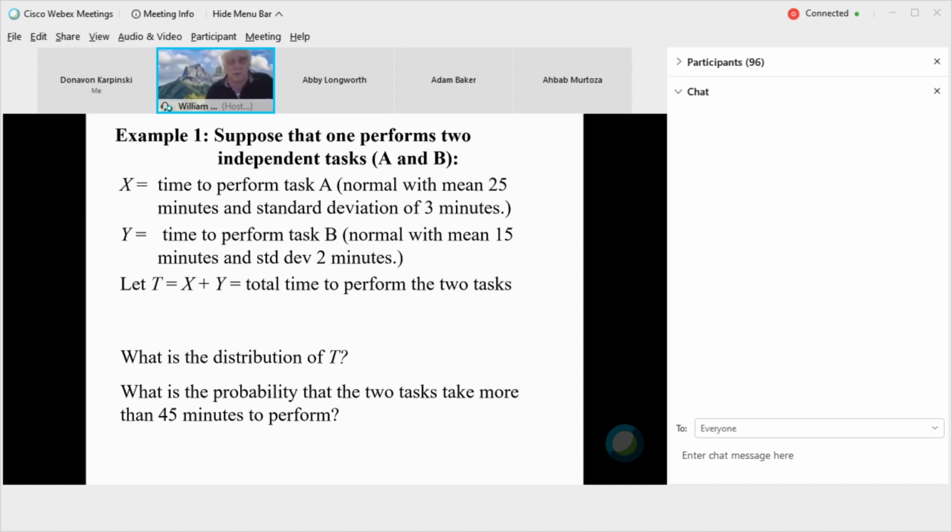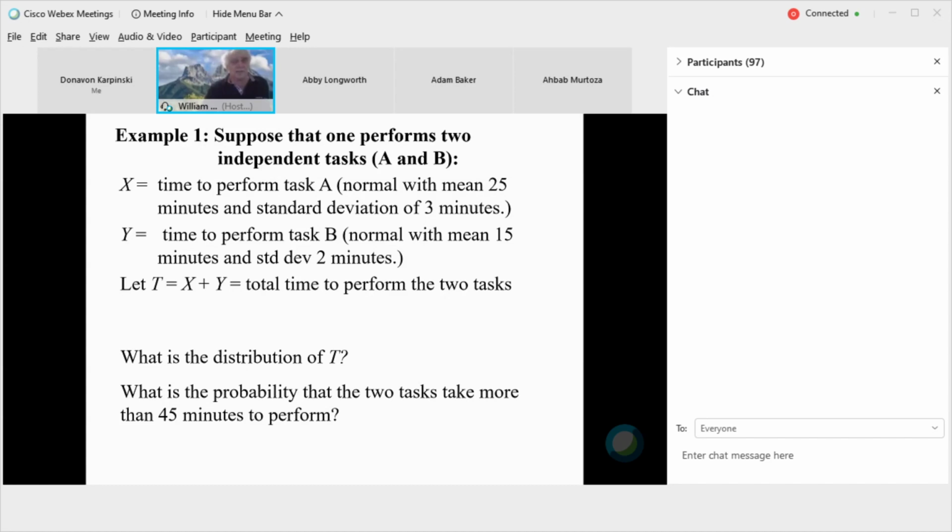The time to perform task A, X, comes from a normal distribution with mean 25, standard deviation 3. That means X will be a number scattered about 25, and the standard deviation of 3 tells you roughly how scattered it is about 25.